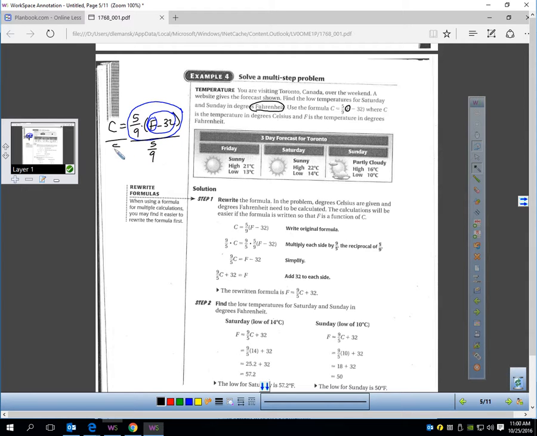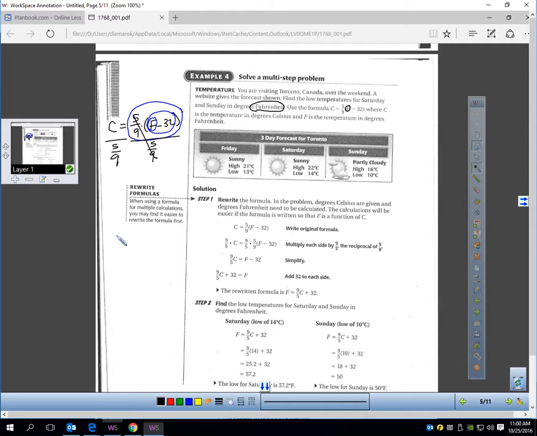Okay? So these cancel. Now, over here, didn't we learn earlier in the year that dividing is the same as multiplying by the reciprocal? So dividing by 5/9 would be the same as multiplying by 9/5. So I'm going to write it that way.